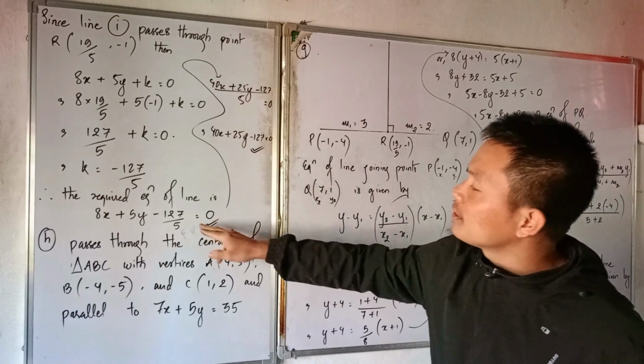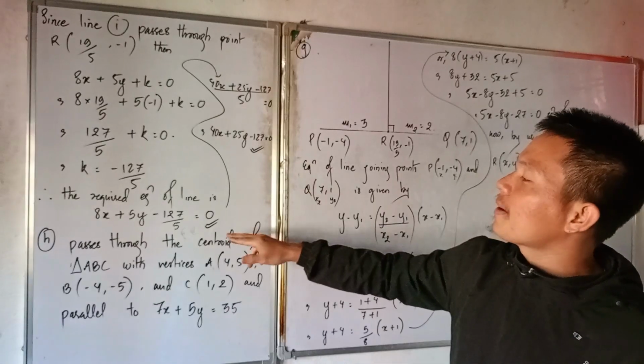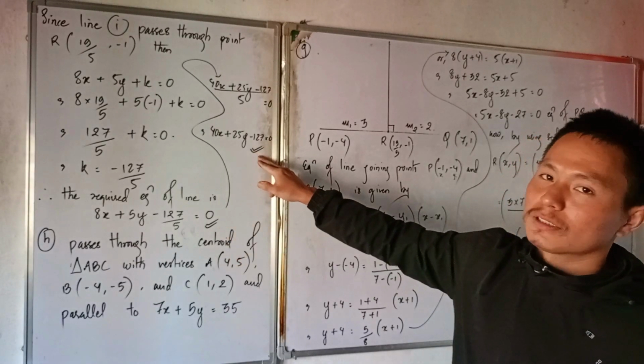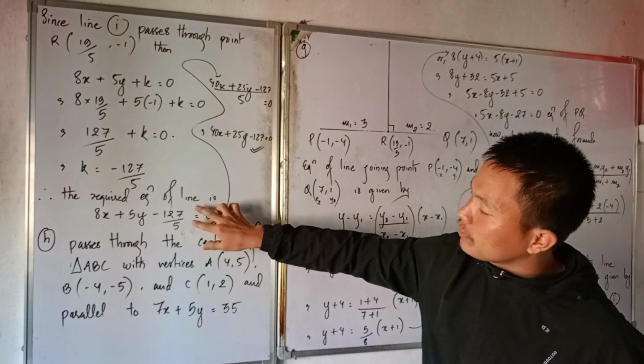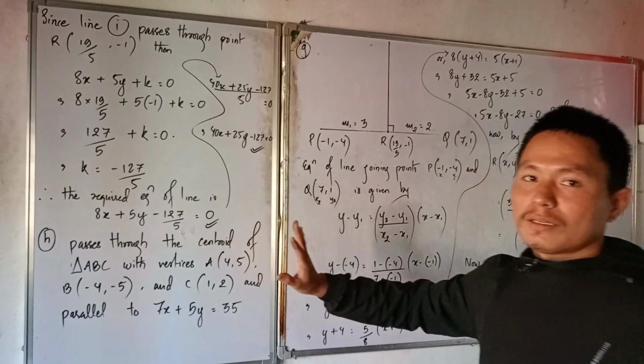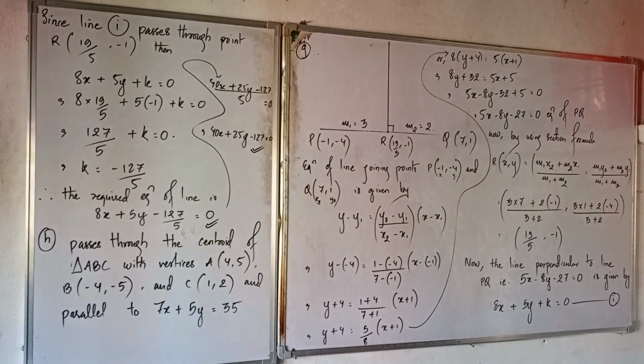So this and this are the same. It doesn't matter if you leave it here or here. The marks will not be deducted. Now without any further delay, I would like to start number 8 adds. So I'm going to rub this.